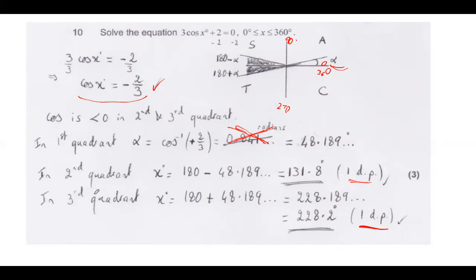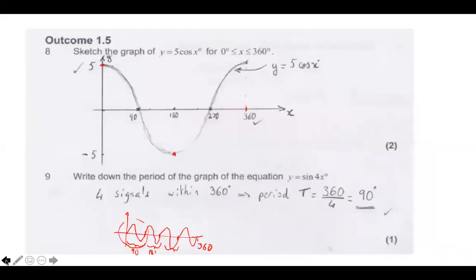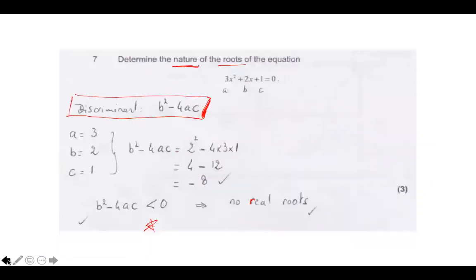Okay. So that was the wee homework. Like I said, because this is quite fresh, you probably guys would need to revise on that more than the rest, I would say. Here, understand what a period is. If it's 4 here, divide by 4 if you want to, or draw it just to help you out. This one, nature, b squared minus 4ac.